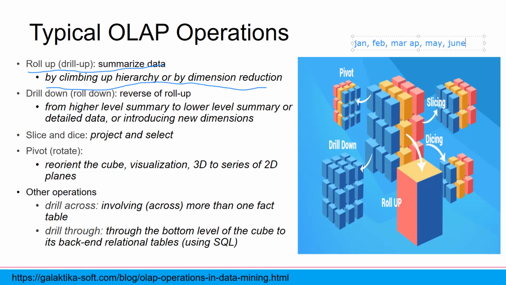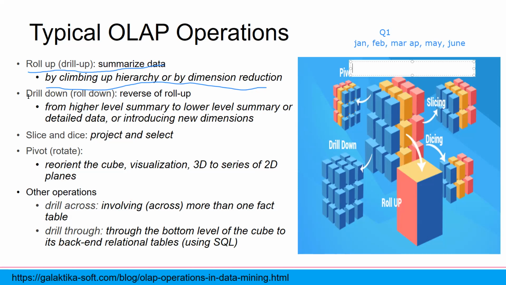If I categorize into three-month groups, I use January, February, March, and go to the upper level, which is quarter one, Q1. Sorry, I missed this one. January, February, March is quarter one, and quarter two is April, May, June, and so on.